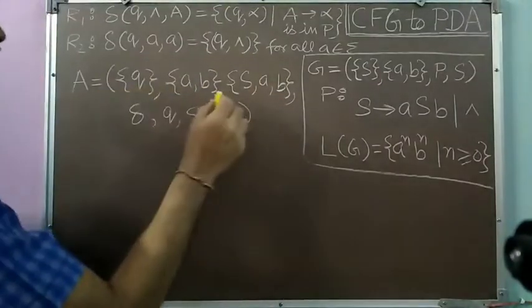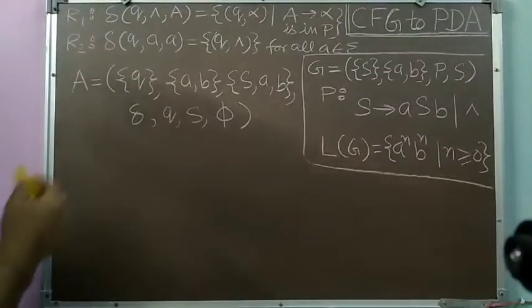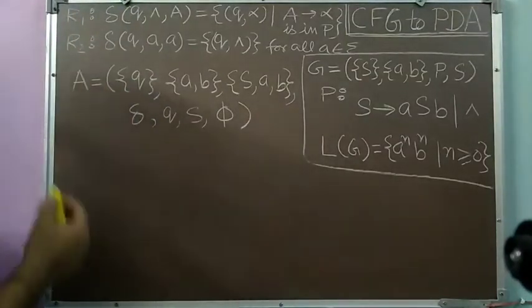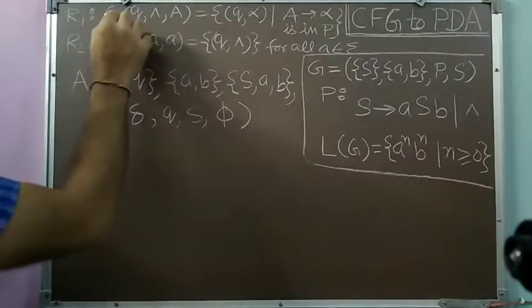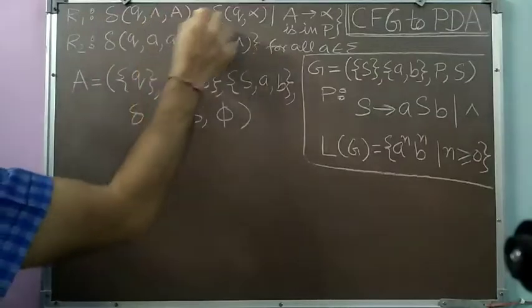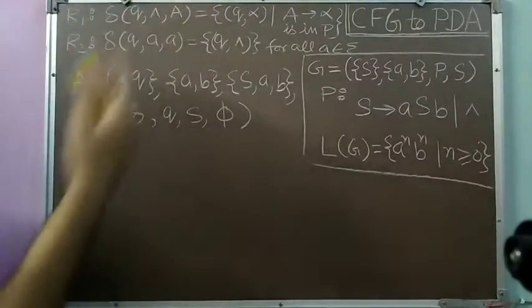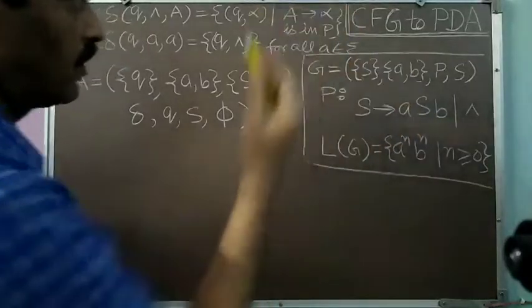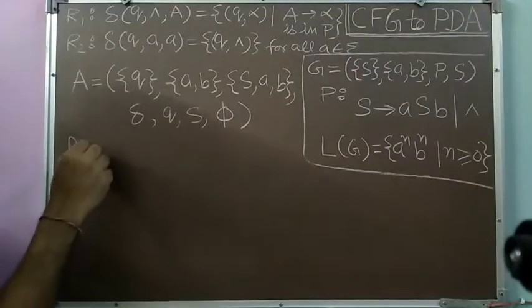So we have found everything except this delta. Now this delta we will be finding by application of these rules. Let us see what we have to do. As per rule 1, we have to write delta(Q, null, A) corresponding to each variable A present in our grammar. There is only one variable present, so we will be applying rule 1. By applying rule 1, what will we find?